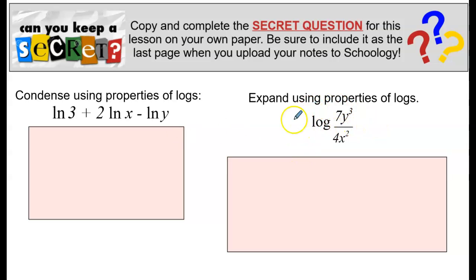You're going to use the properties of logs to take the single log expression and expand it into its fully expanded form of common logs, added and subtracted together. When you've finished with these two problems, you can upload your work as the last page of your notes to Schoology, and then you'll answer the 2 secret question problems in the secret question assignment in Schoology to check your answers.